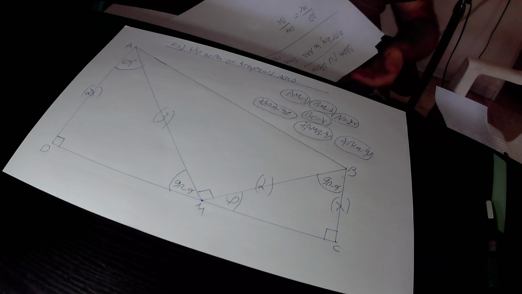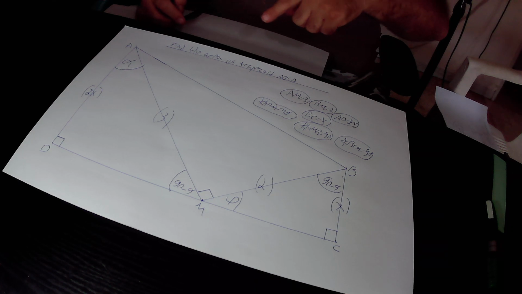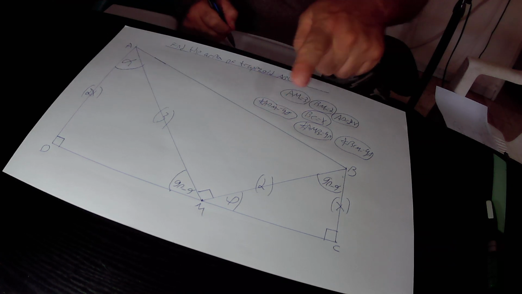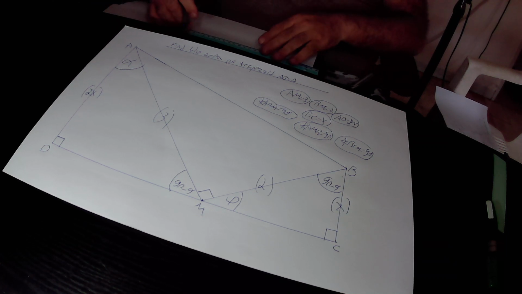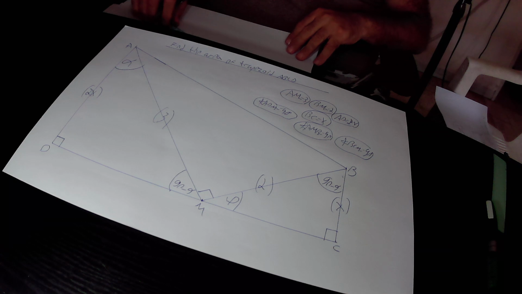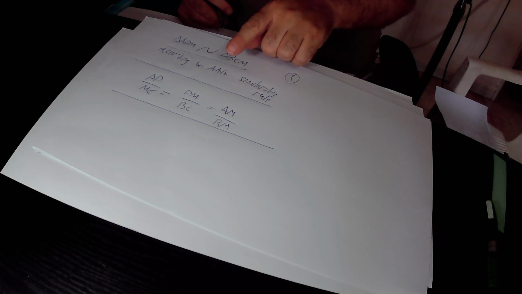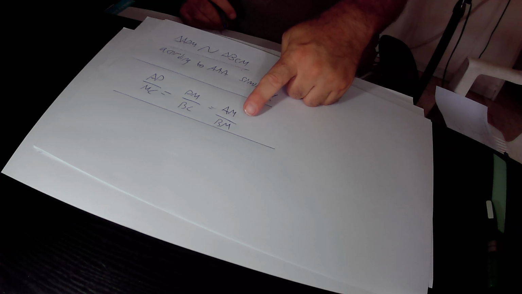And also, this equals side AM of the big right triangle ADM over side BM of the small right triangle BCM.